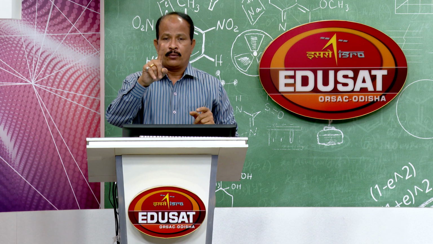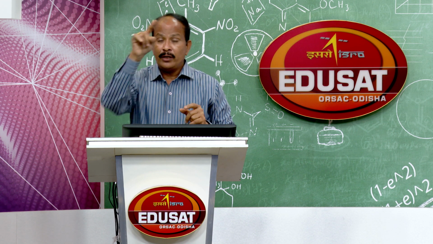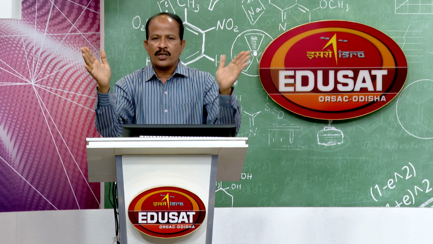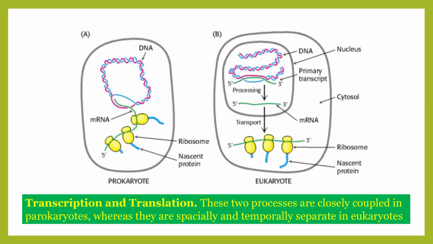In terms of space, in terms of time, transcription and translation are separated in eukaryotes. That is why it is called spatially in terms of space, temporally in terms of time. Processes like transcription and translation are taking place separately in eukaryotes.